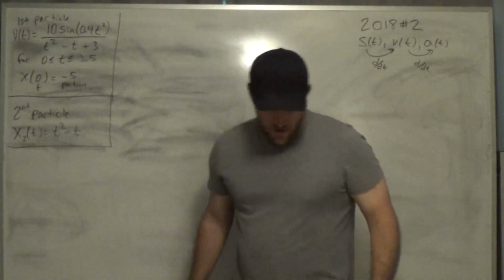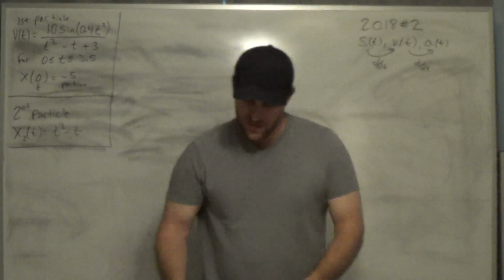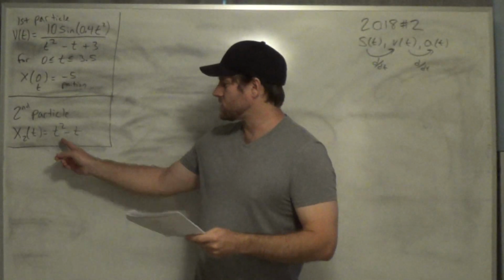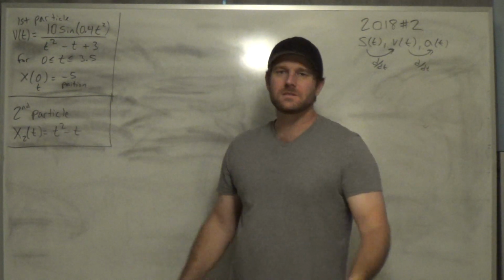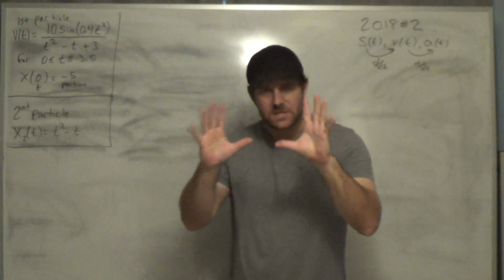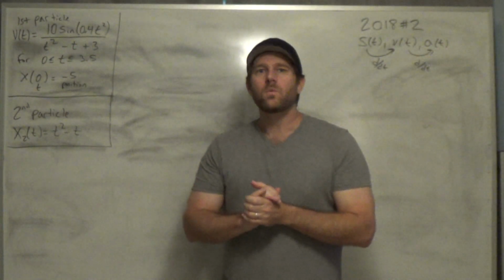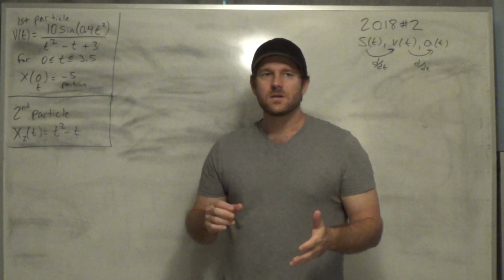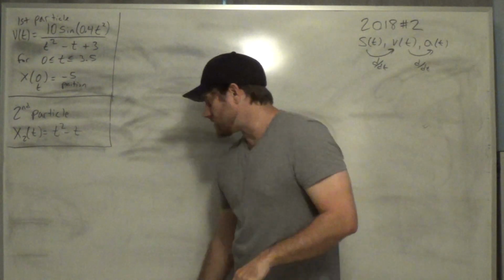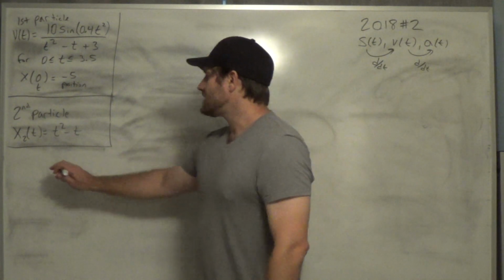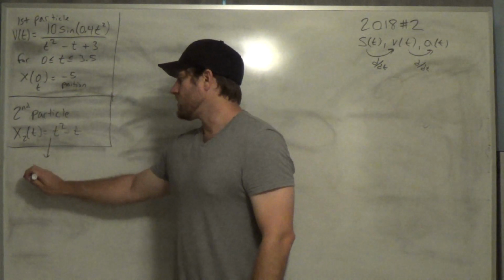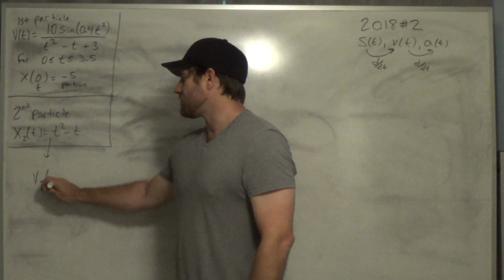All right. Part D, a second particle moves along the x-axis with its position given by this. At what time are the 2 particles moving at the same velocity? Insanely easy question. We want to know when they have the same velocity. You just set the 2 velocity equations equal to each other. Now, what do I mean? Well, I can take this particle right here and take its derivative, and I get the velocity of the second particle.